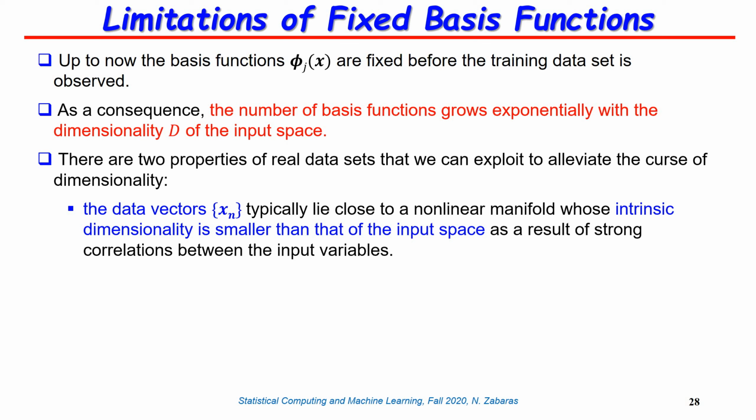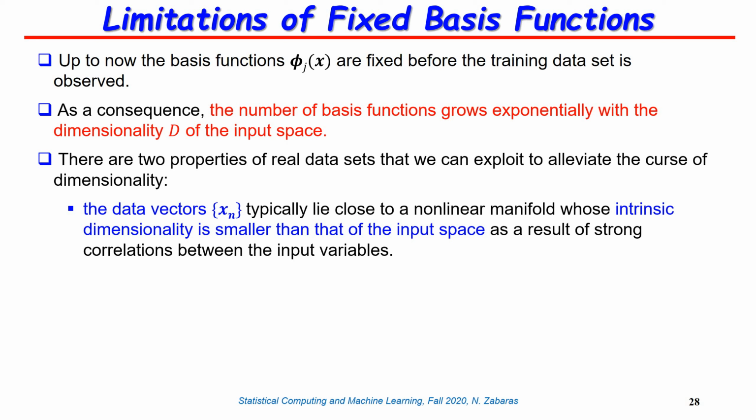We're not going to give you solutions to these problems, but one of the things we have not done up to now is account for the fact that in all practical applications, these input training points xn that I gave you, even though they appear to be vectors in high dimensions, in reality live in a very low dimensional manifold, mainly as a result of the correlations between the different input variables.